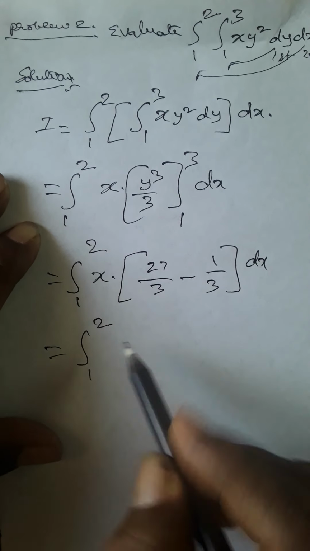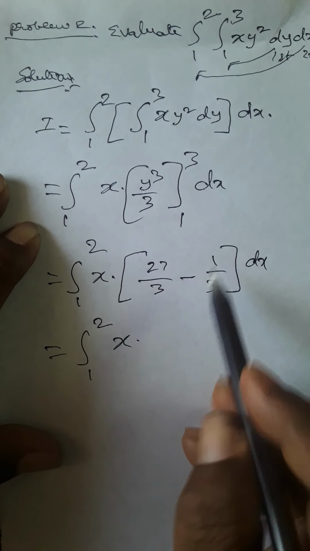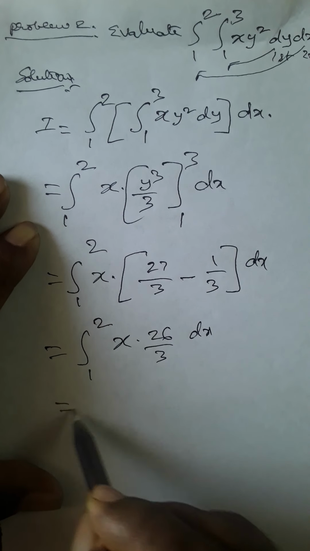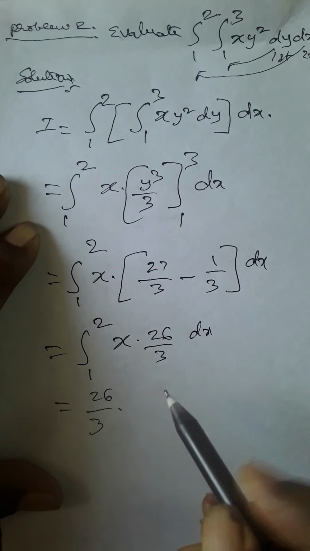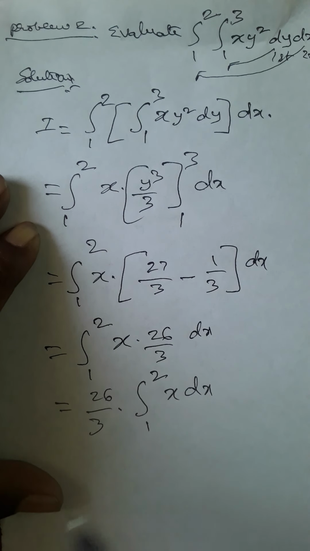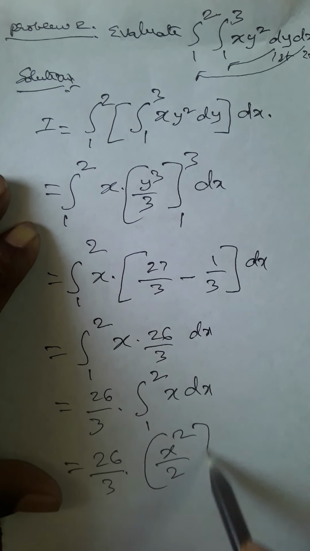Integral 1 to 2, x into 27 minus 1, 26 by 3, dx. 26 by 3 constant, integral 1 to 2 x dx, 26 by 3 integral x square by 2, 1 to 2.